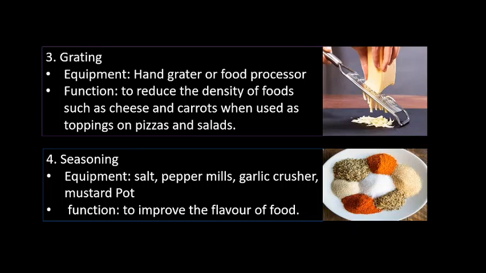But then that may not taste good. In order to taste good, you have to add salt or pepper to it, so that it gives a good flavor to that particular dish. So that is about seasoning.